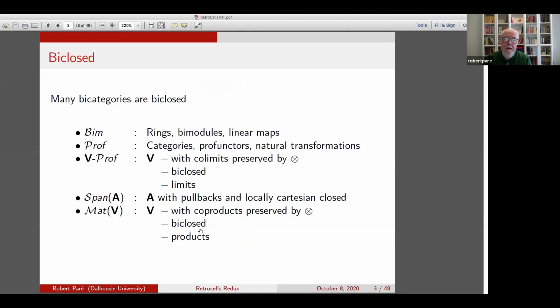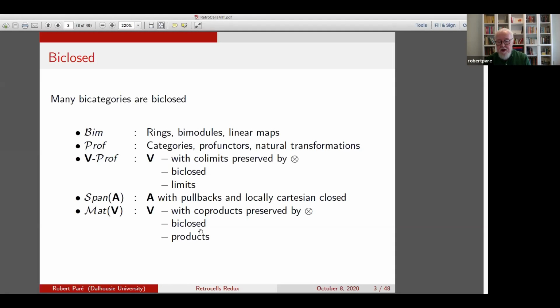Well, so many bicategories are biclosed, and I'm going to explain how they are in a minute. So BIM, bimodules, I already talked about. But Prof, the bicategory of categories with profunctors and natural transformations, you can generalize that to V-Prof, provided V has colimits preserved by tensor in each variable to make it into a bicategory, first of all.